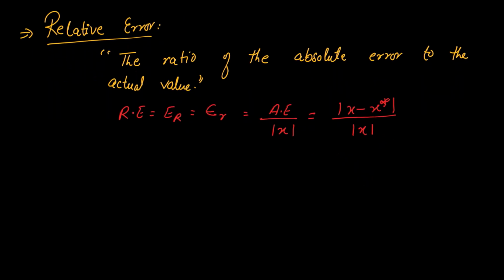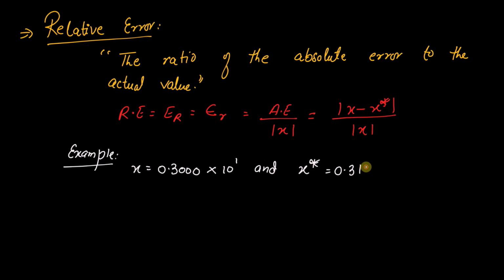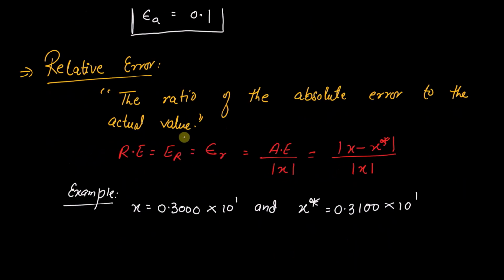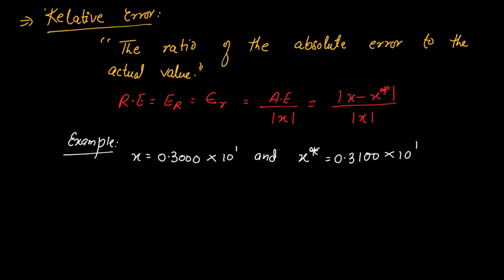So let's discuss the example. In that case, we are choosing x equal to 0.3000 into 10 raised to the power 1, and x star would be 0.3100 into 10 raised to the power 1. Now we are going to calculate the relative error. This is the same example as we discussed for the absolute error, so we already calculated the absolute error. We simply divide it by the actual value.